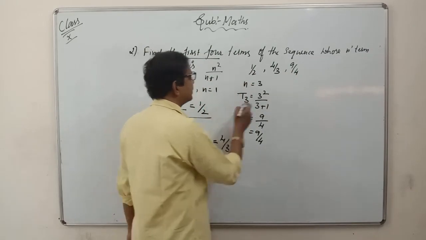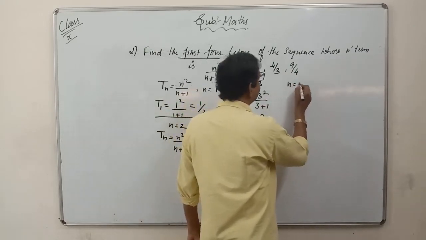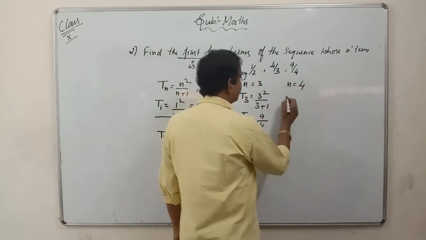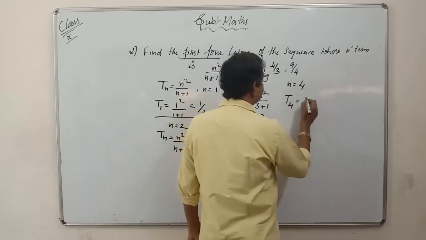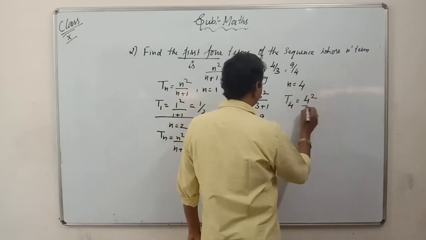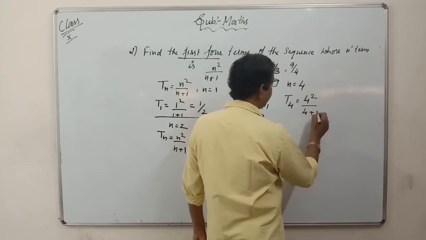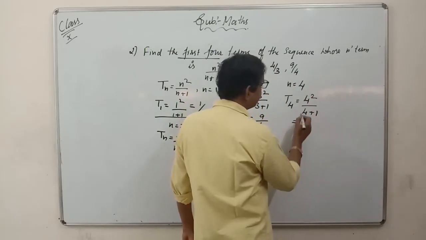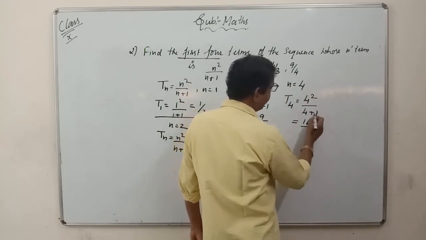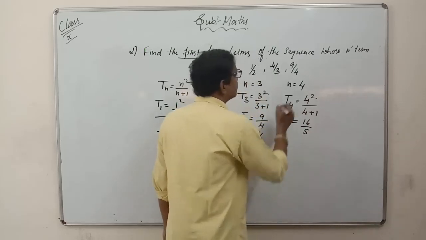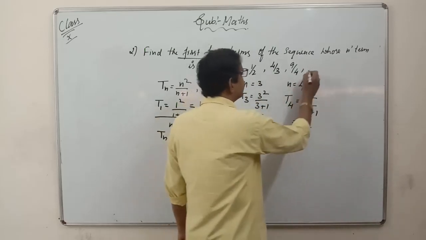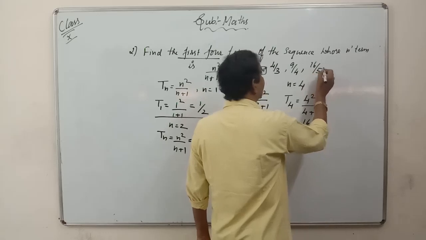This is the third term. Now if you take n equals 4, then you will get T4 equals 4 square by 4 plus 1. 4 square is 16 and 4 plus 1 is 5. So the fourth term is 16 by 5.